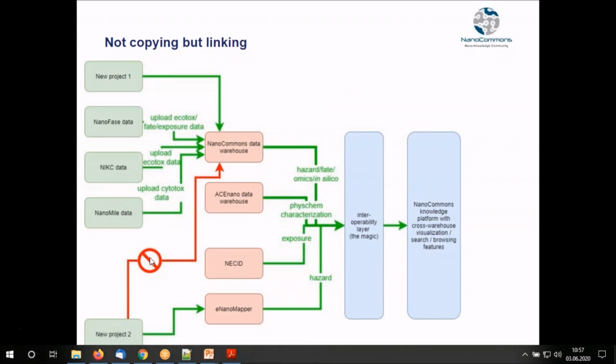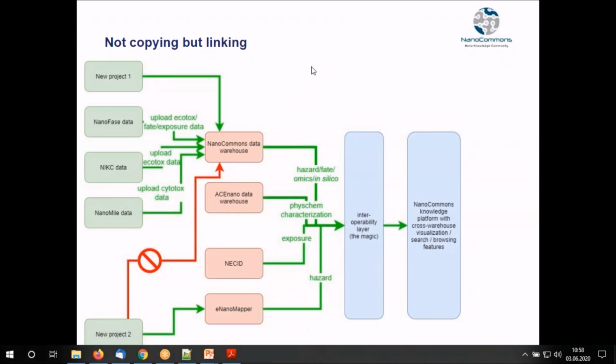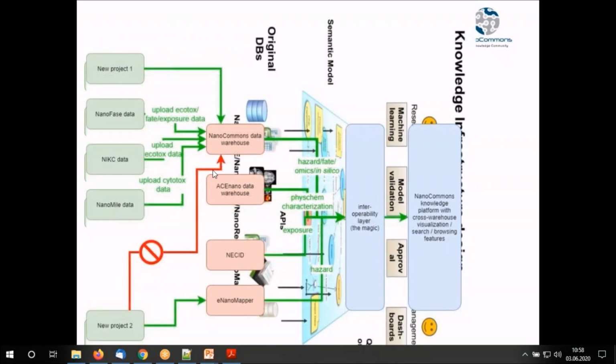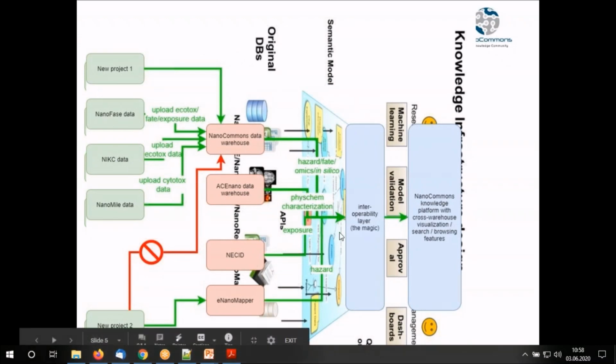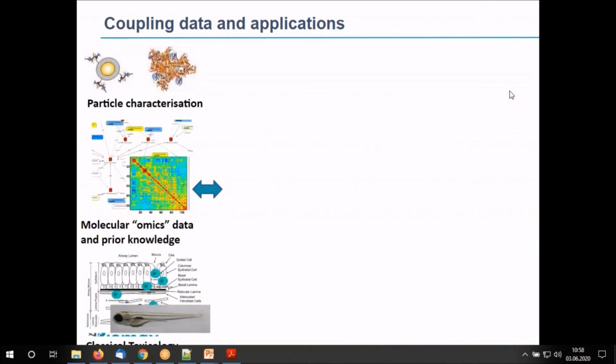So if you are part of a project and you have set up an important source for, let's say, exposure data, which you would like to make visible and available to others, then also please consider the NanoCommons knowledge base as a tool to make it broadly visible. So this workflow is really mapped on this technical infrastructure, which provides us an interoperability layer that allows to make available to others a lot of information available in nanotoxicology.